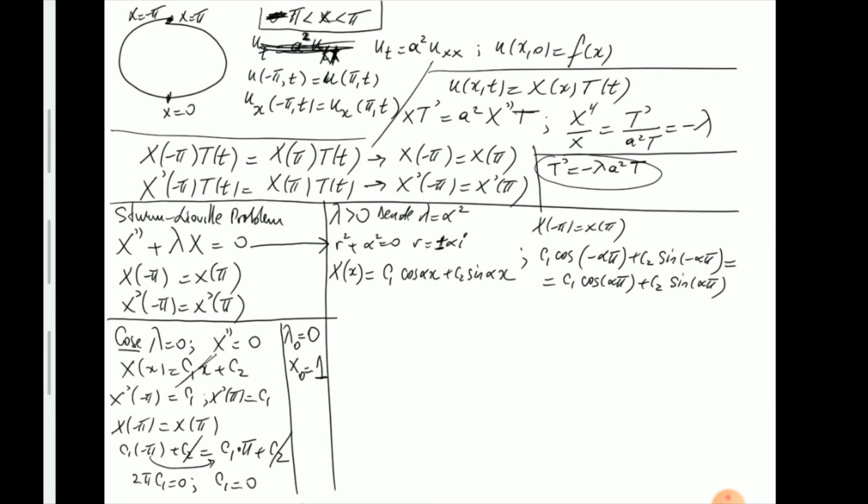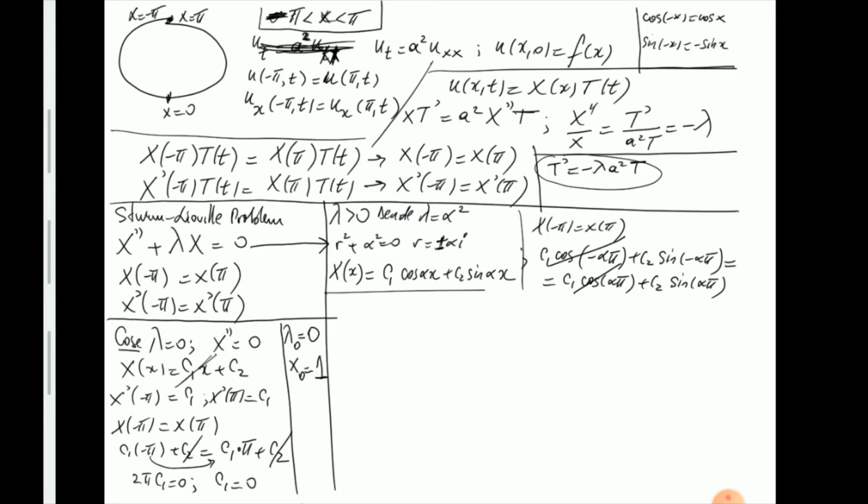Now, we should mention here that cosine is an even function, right? So let me write here in the top corner just to keep in mind: cosine of minus x is cosine of x. That's from properties of trigonometric functions. And sine of minus x is minus sine of x. It's an odd function. So from this condition, these two are equal, because cosine of minus alpha pi is the same as cosine of alpha pi.